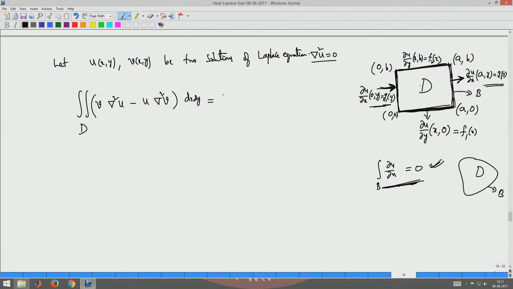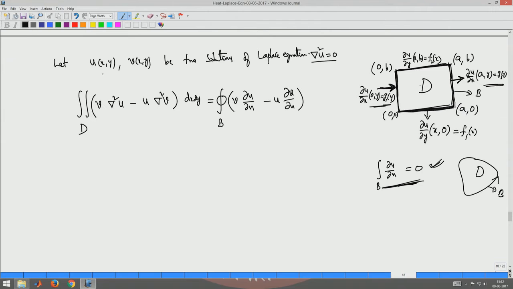This is equal to a line integral over a closed curve over B of v dou u by dou n minus u dou v by dou n, oriented curve, okay. Some kind of orientation you have chosen. You have a curve orientation always such that your domain D is on the left hand side, then this is true, otherwise you may have to take a minus sign.